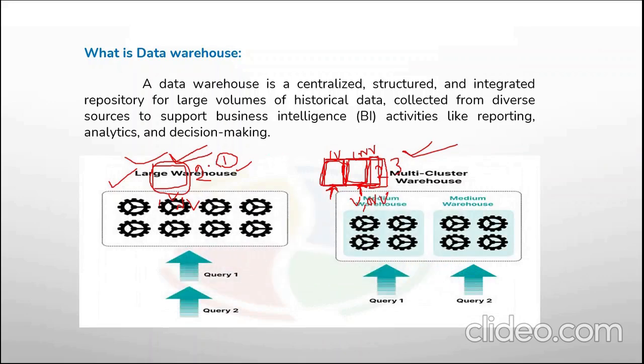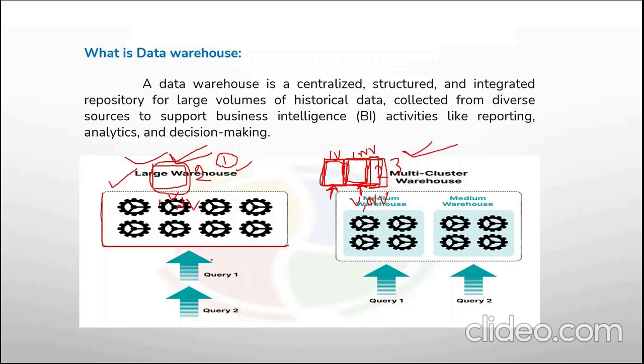See here, same in real time. A large warehouse means a single space of the warehouse, and it stores all the structured data in the form of tables. When we execute a query, or a number of queries at the same time, like in the previous example, orders from the customers, the queries go into a queue.